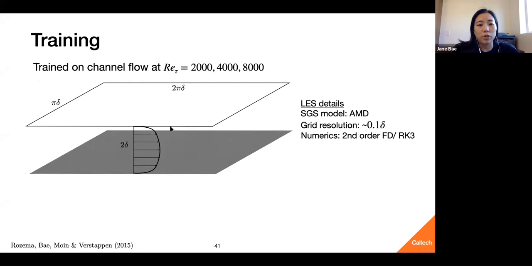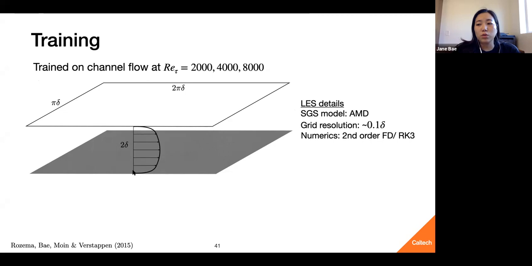This is a geometry that looks like this, where you have two parallel walls and flow moving through it. The LES details: we're going to use a subgrid scale model called AMD. The grid resolution for these cases is about 0.1 delta, where delta is the half channel height. So the distance between the two walls is going to be 2 delta.